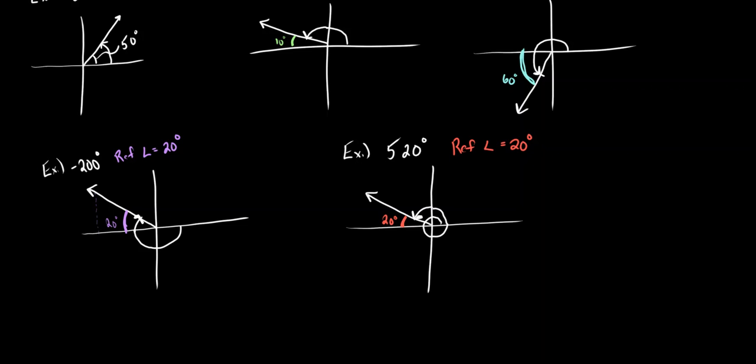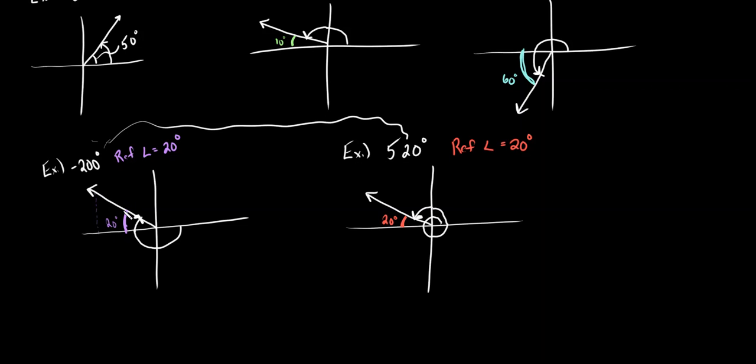And that's actually interesting. Take a look at these two problems. Notice two totally different angles, but they ended up in the same quadrant and they have the same reference angle. Why is that? That's because these two are coterminal angles. They have the exact same terminal side, and because of that, they have the same reference angle.